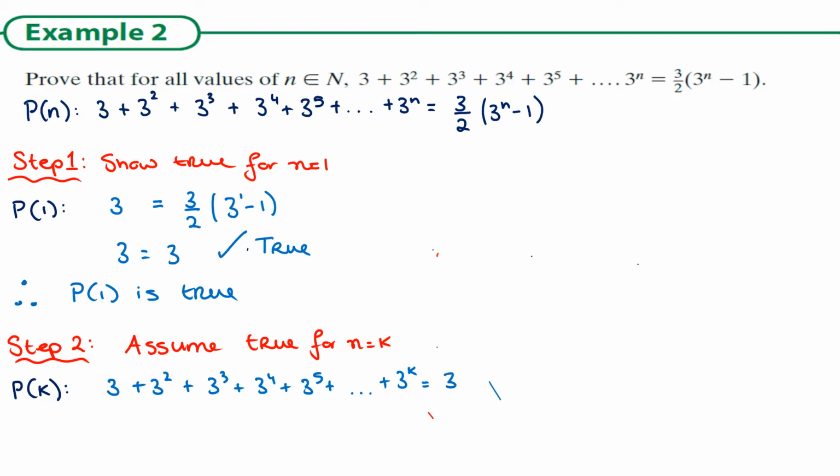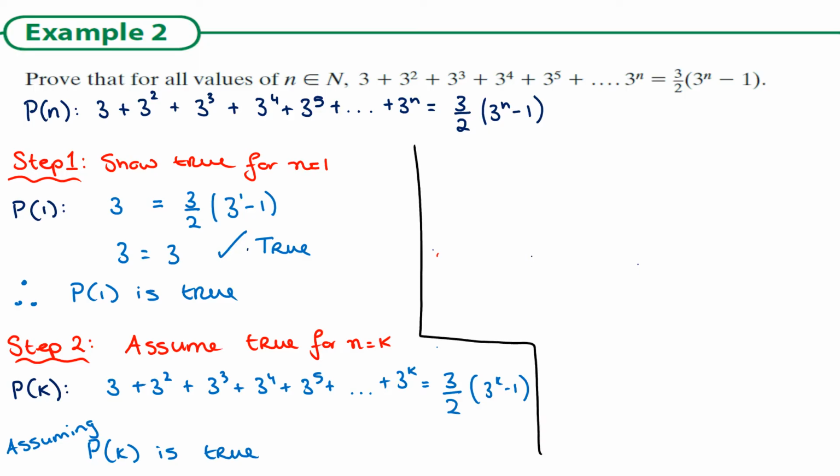That's going to equal 3 over 2 times 3 to the power of k minus 1. So we're assuming Pk is true. We haven't proved it, we're just assuming it. Okay, so then we're moving on to step 3.